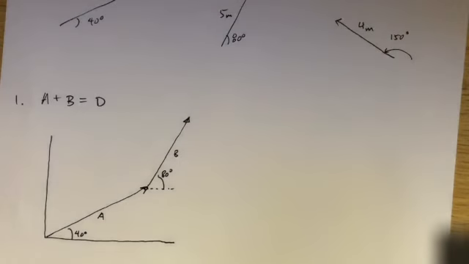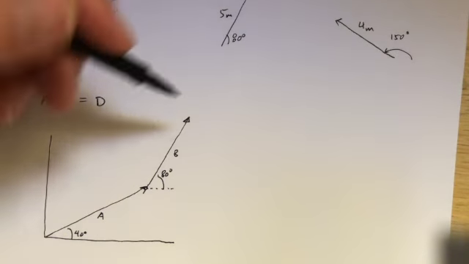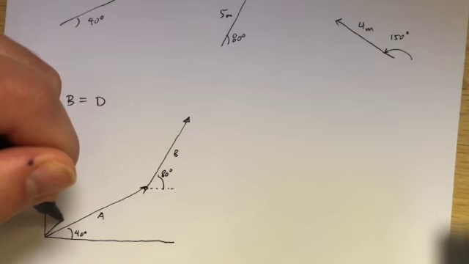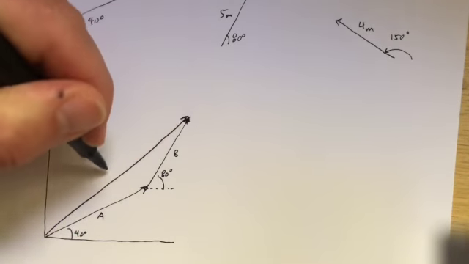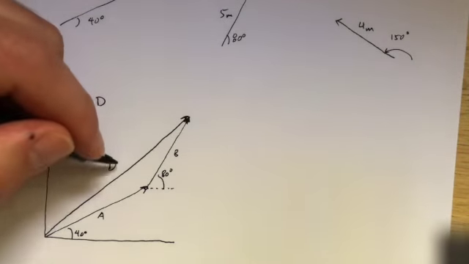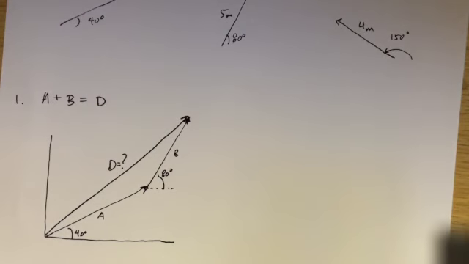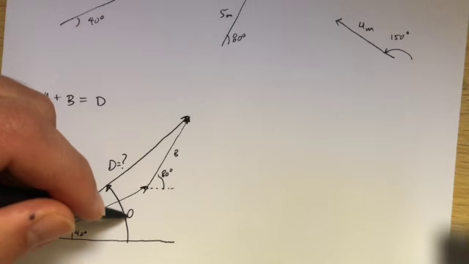All right, and so our resultant vector is the vector that goes from the beginning of A up to the end of B. So that's vector D. All right, and we want to know the length of that, and we want to know the direction of that. So that's theta.